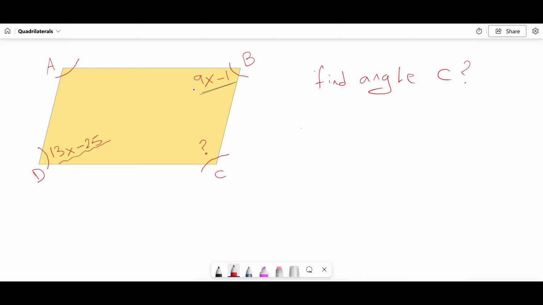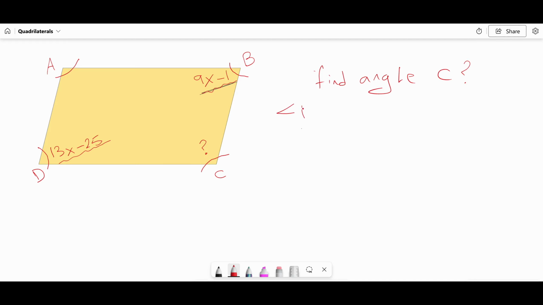This angle and this angle are equal. Opposite angles in a parallelogram are equal. Angle C is also equal to angle A. So let's start by equating these two angles, angle D and angle B.